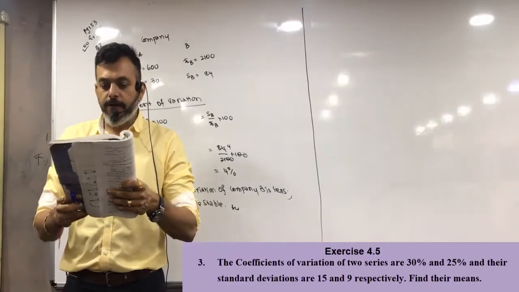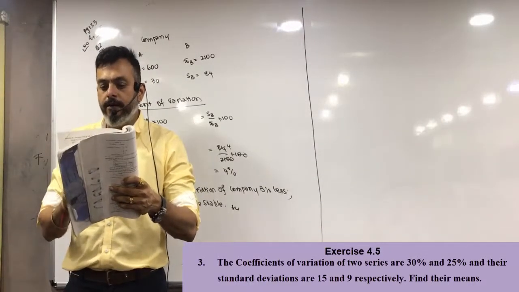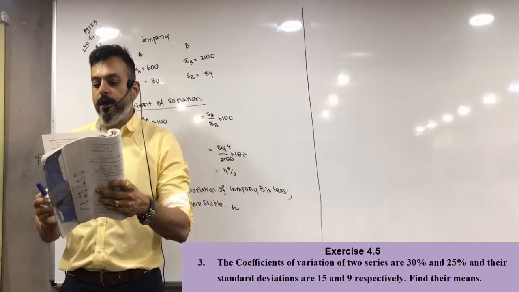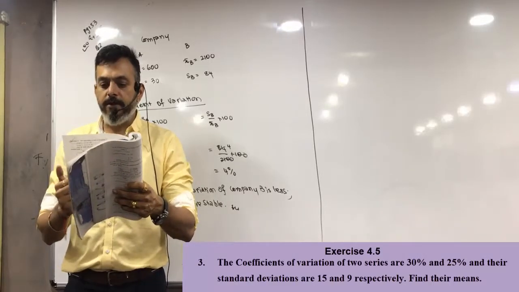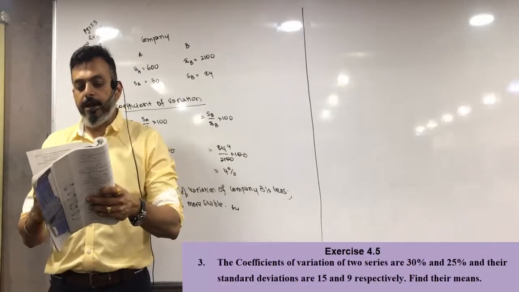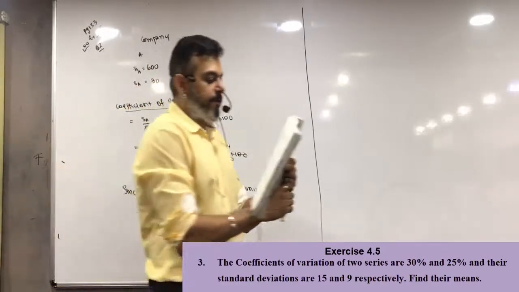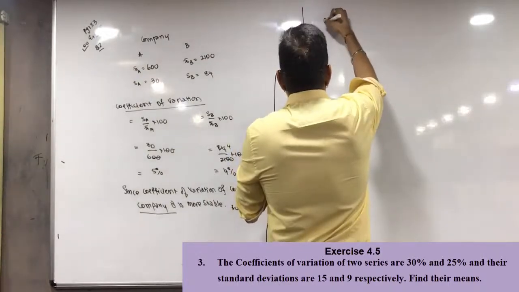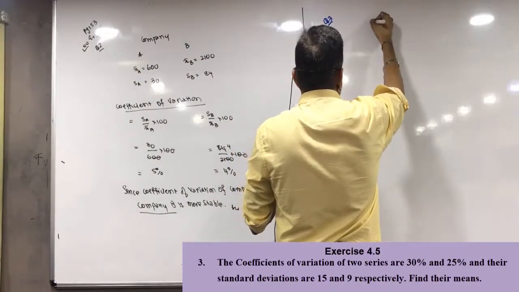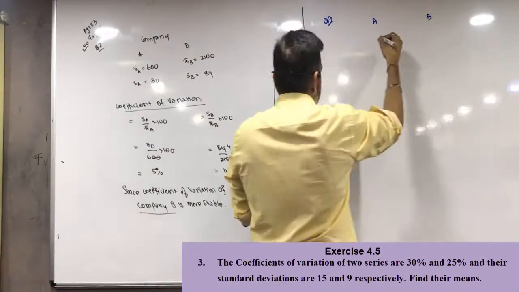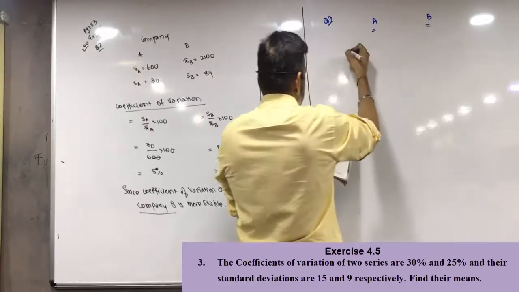The coefficient of variation of two series are 30% and 25%, and the standard deviation are 15 and 9 respectively. Find their mean. Let's write the information. Two series. Question 3. So we say series A and series B. What is given?